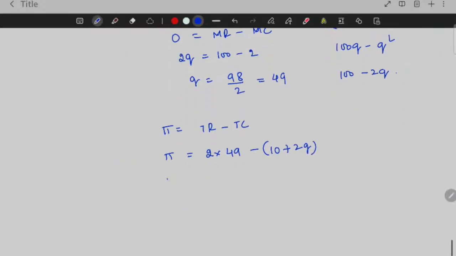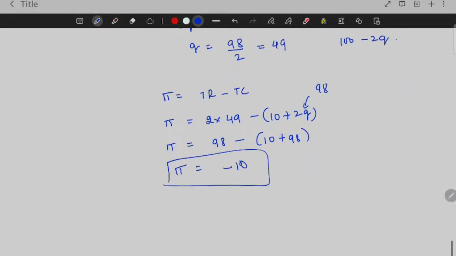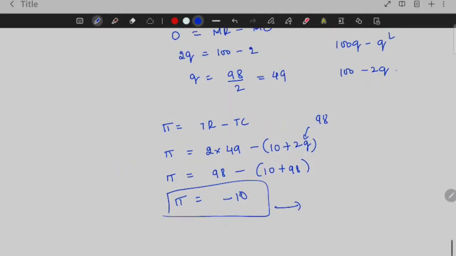So profit is 98 minus 98, minus 10. So, is this a feasible price for the long run?